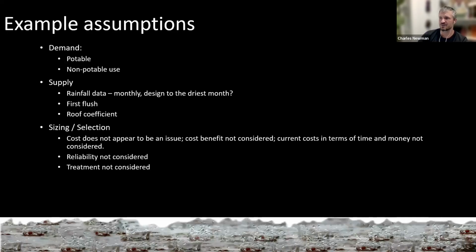In this prompt, we are not considering cost. Cost benefit is not really considered, either in terms of time or money. So if your solution results in a very large water tank, presumably that's very expensive.